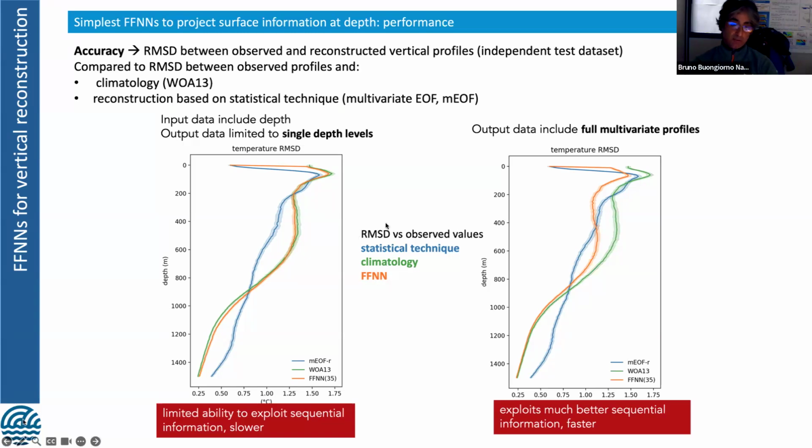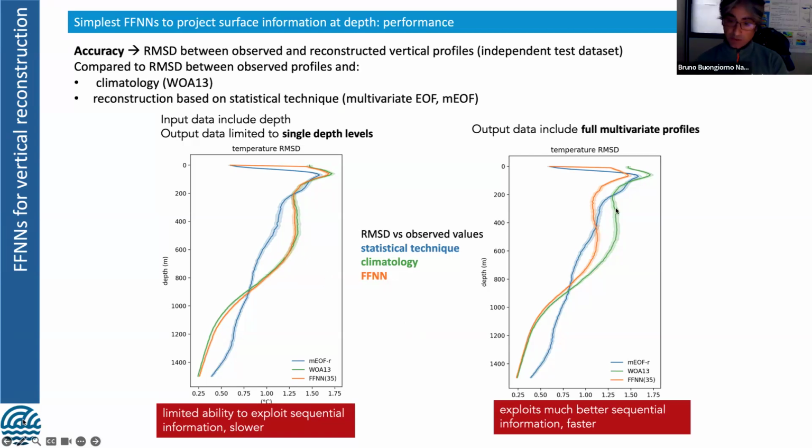In green, you see a climatology. In blue, the methodology based on empirical orthogonal functions. And in orange, what the feed-forward neural network is able to do when using a single layer with 35 units. That's not really nice, because it basically has the same error as the climatology.